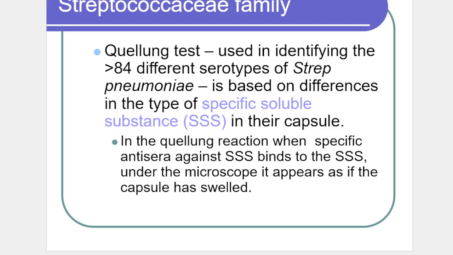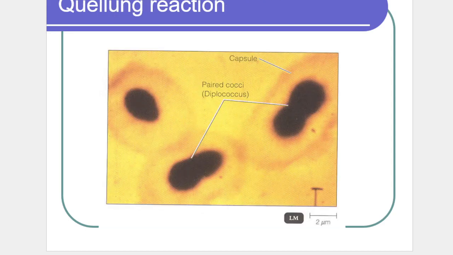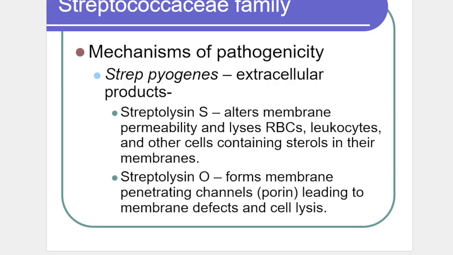In the Quellung reaction, when specific antiserum against the specific soluble substances binds to the SSS, under the microscope it appears as if the capsule has swelled. So, it looks like it got bigger. It swelled. I hope you can see this clearly. This is the capsule, and this is positive for the Quellung reaction. The capsule has swelled. That is for Streptococcus pneumoniae.